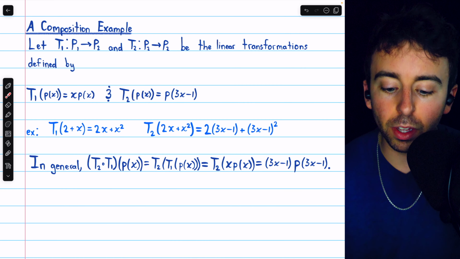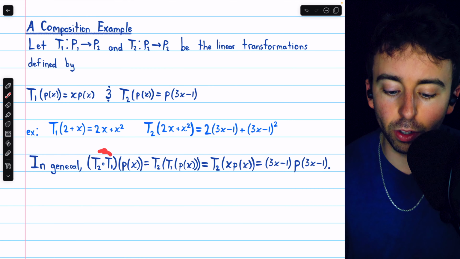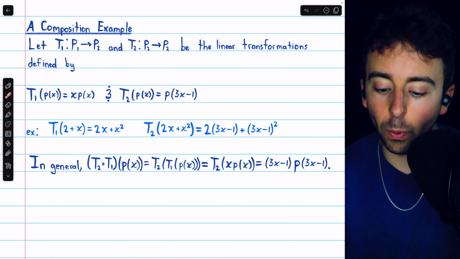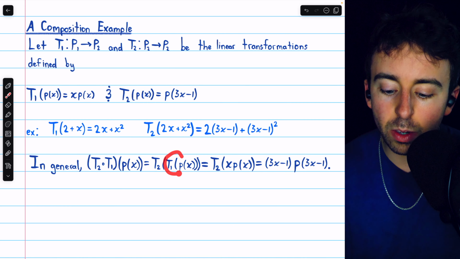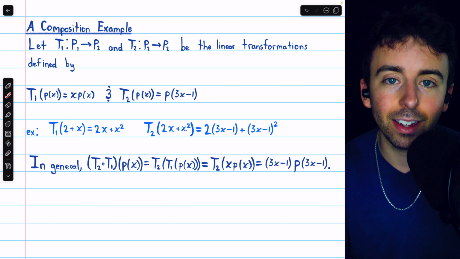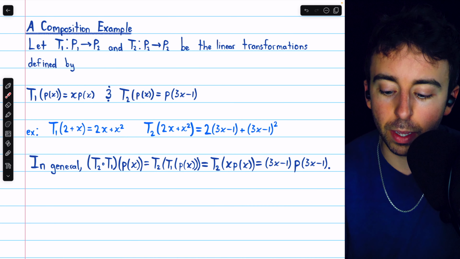So in general, how the composition of these two transformations will work is that T2 circle T1 evaluated at a polynomial p of x is, of course, by definition, going to be T2 of T1 of p of x, and what T1 of p of x is, is just x times p of x. So this then becomes T2 of x times p of x.